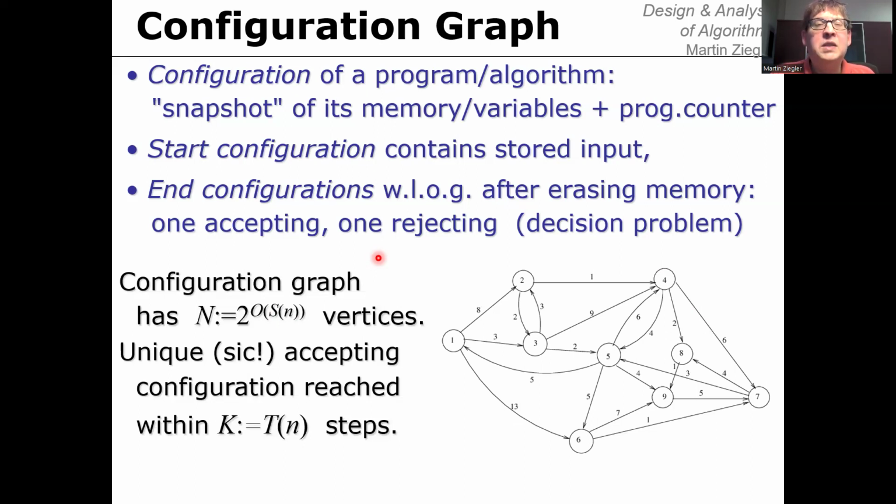We don't erase the result of the algorithm for the decision problem. That means our configuration graph will have two terminal nodes, one accepting and one rejecting.